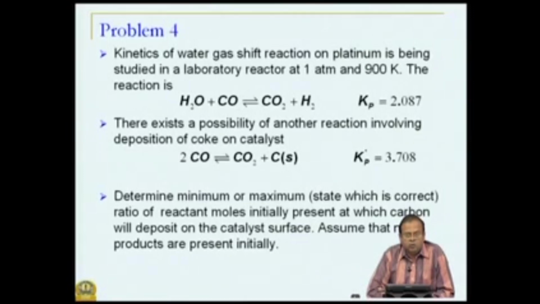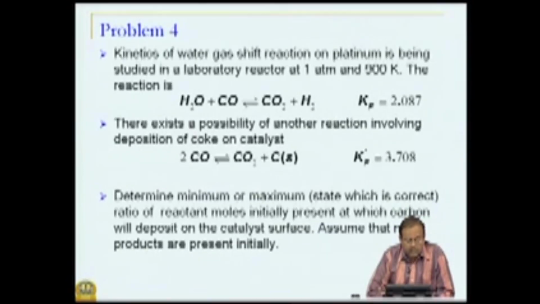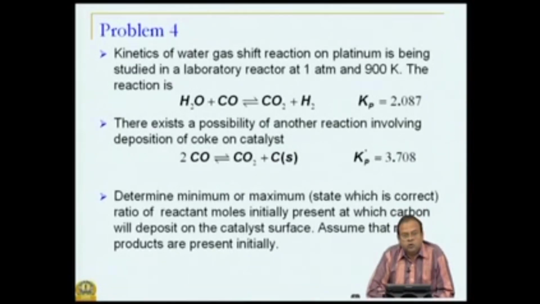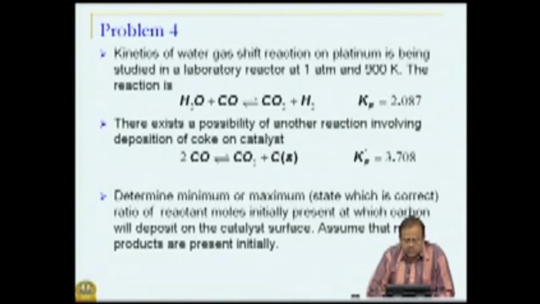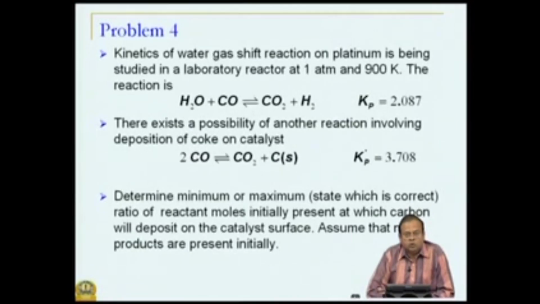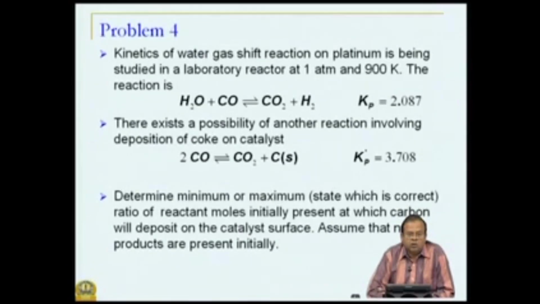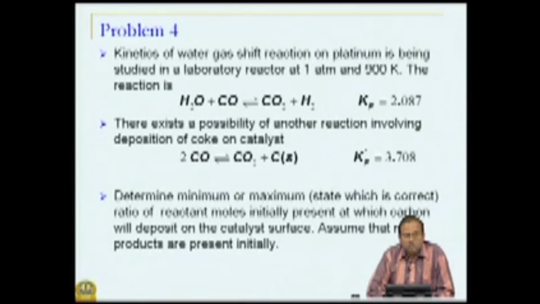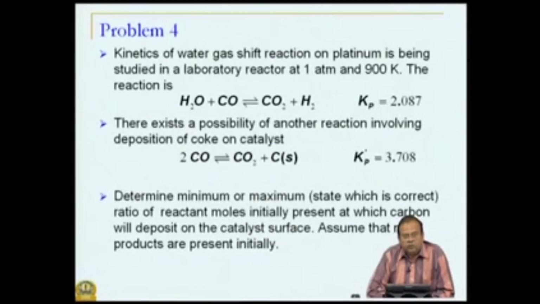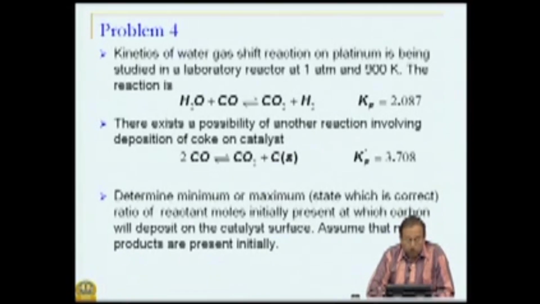We have been given the equilibrium constant at those conditions. There exists a possibility of another reaction involving deposition of coke on the catalyst, for which the equilibrium constant is also given. Determine either the minimum or maximum ratio of reactant moles initially present at which carbon will deposit on the catalyst surface. Assume that no products are initially present.